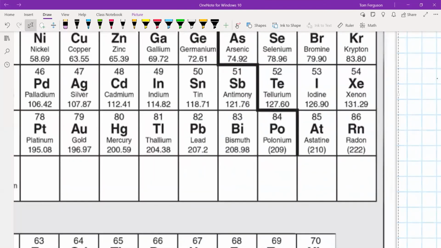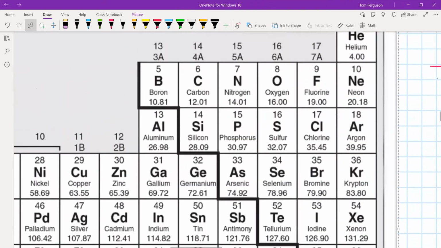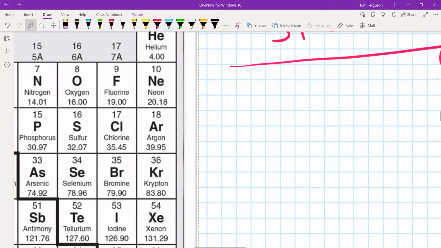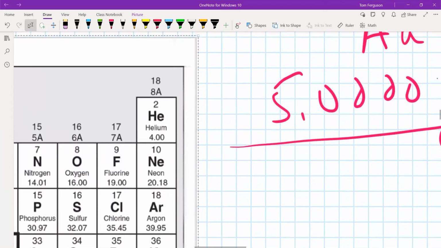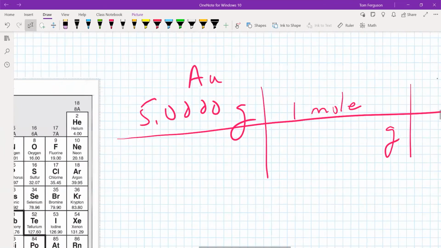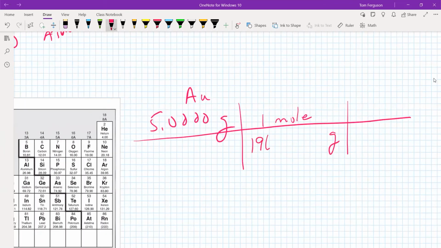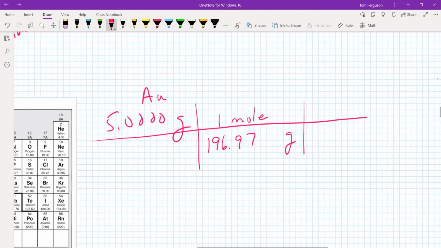Okay, 196.97. So for each mole of gold, there's 196.97 grams. Gold is very heavy, very dense. Once our grams are canceled, we now have moles of gold.